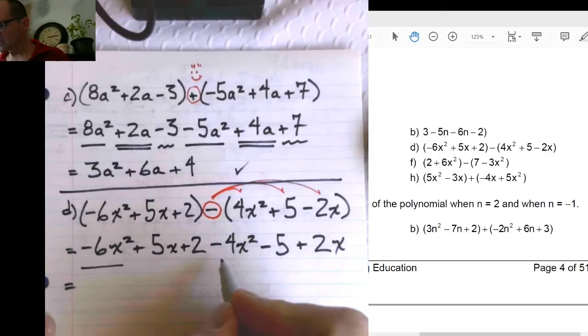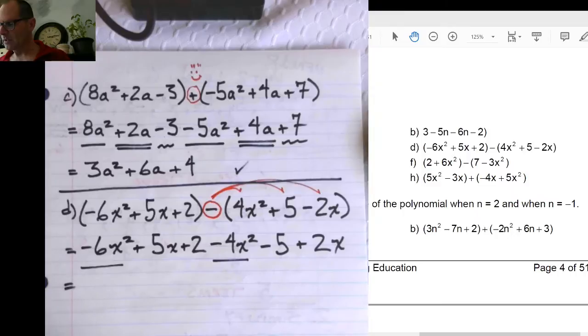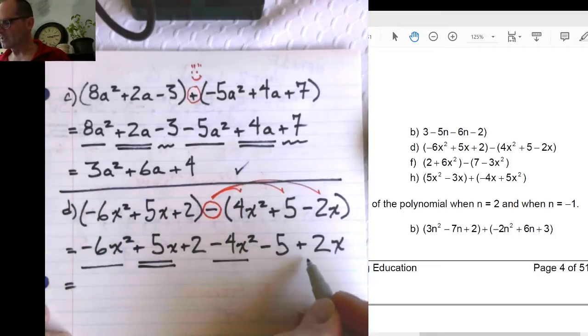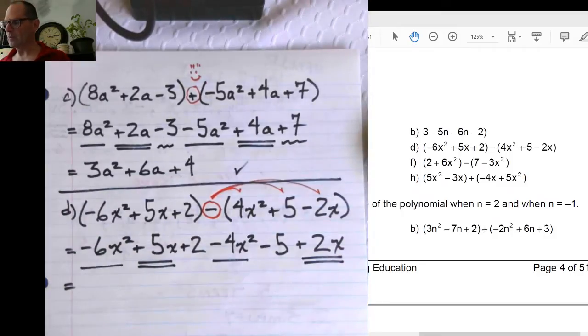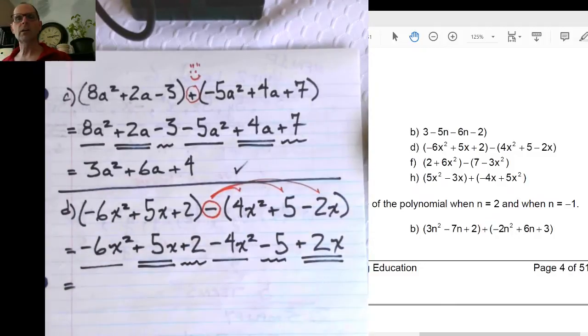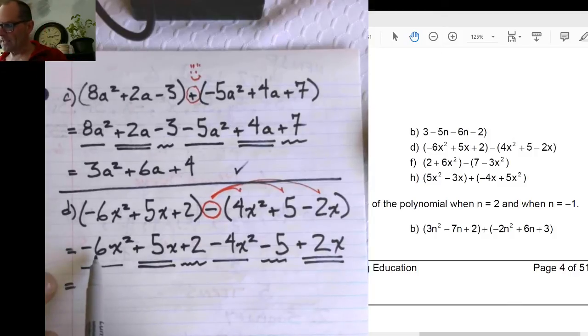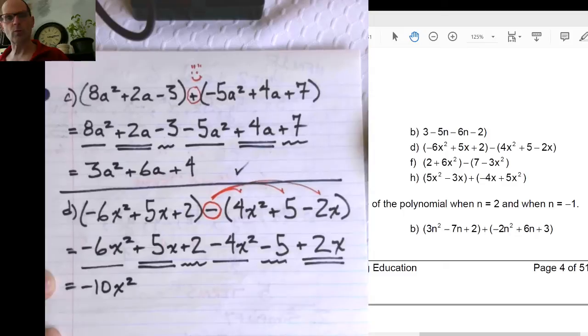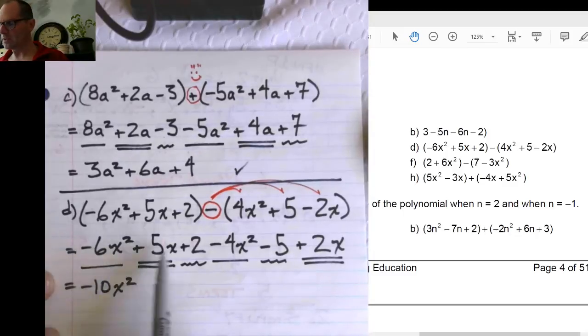So let's again take a few seconds to identify the like terms. So the squared terms we identify, the single powered terms we identify those, and we have the constant terms as well. Finally at the end, -6 minus 4. So -6 subtract another 4, we have -10x squared when we put these two terms together.